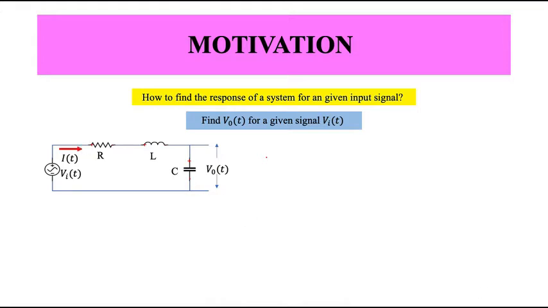So what would I do? I would start by writing down the appropriate voltage loss equations. Vi(t) is equal to R i(t) plus L di/dt plus 1 by C times the integration of current. So the problem is to find Vo for a given Vi.